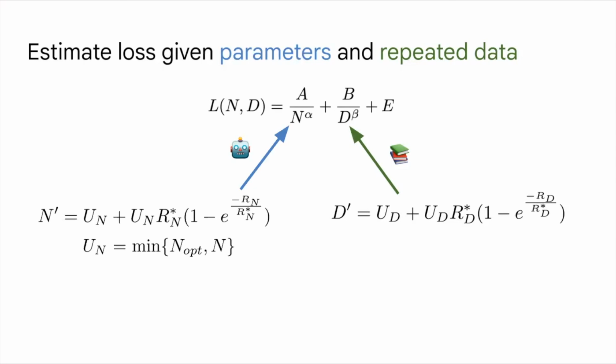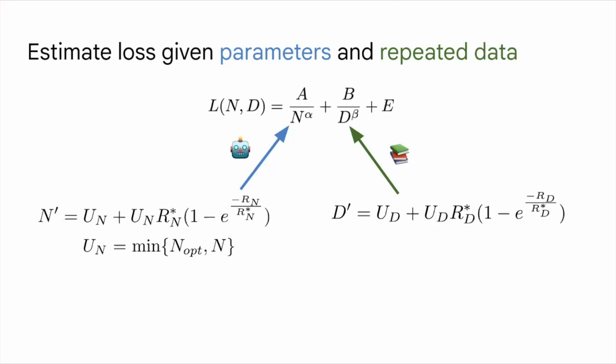And U_N here, the unique number of parameters, corresponds to either the optimal number of parameters given U_D, so the parameters that provide the optimal fit for the unique data, and we can just calculate those using Chinchilla, or the actual number of parameters if they're smaller. So U_D and U_N are this pair of optimal allocation.